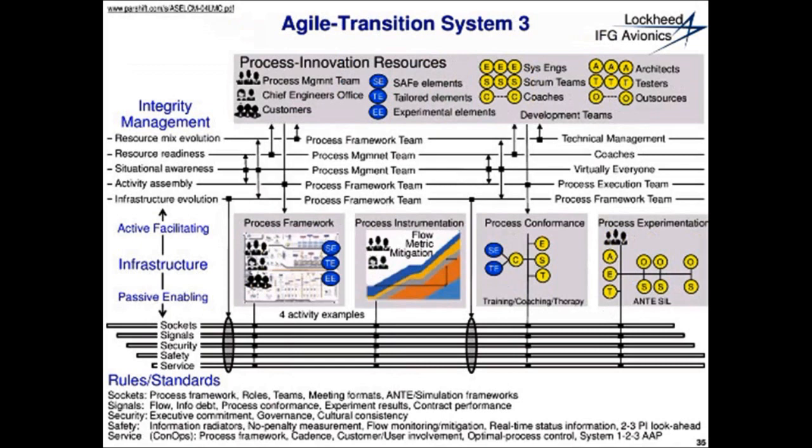Here's another company which I basically refer to as employed in an Agile transition. And some of the material in the paper basically deals with the System 3 concept, the system of learning and innovation and evolution of the tailoring of that Agile transition activity. Four activity examples there are their initial SAFe framework, which they have to tailor very heavily for the environment they're in.